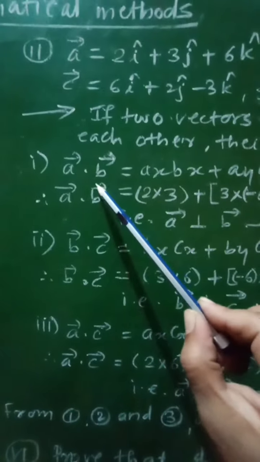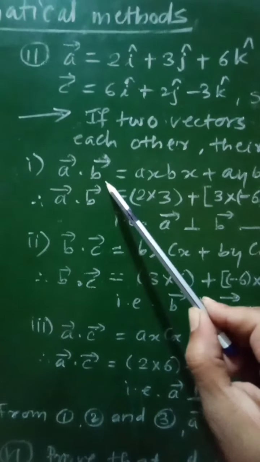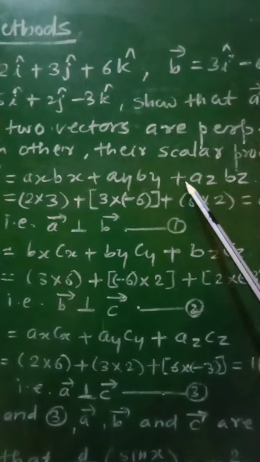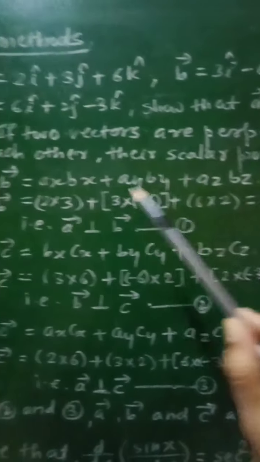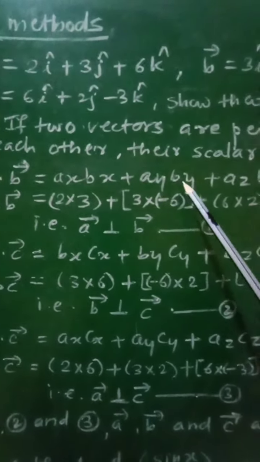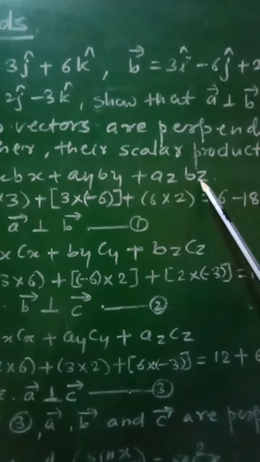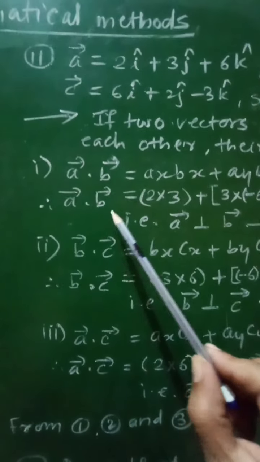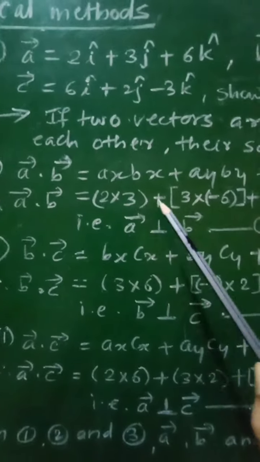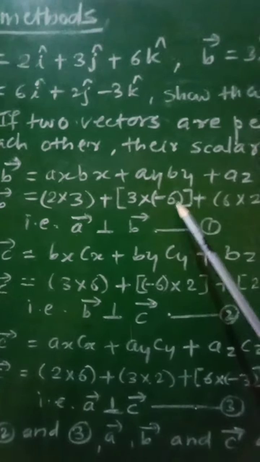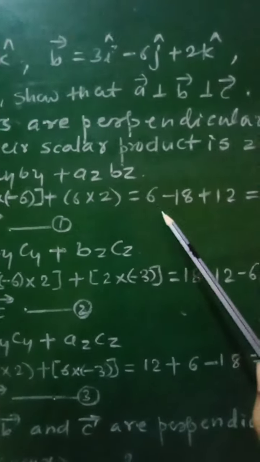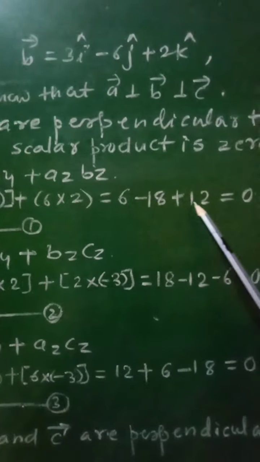So vector A dot vector B, that scalar product, will be written as ax bx plus ay by plus az bz. Putting the values, we will get 2 into 3 plus 3 into minus 6 plus 6 into 2, which comes out to be 6 minus 18 plus 12.